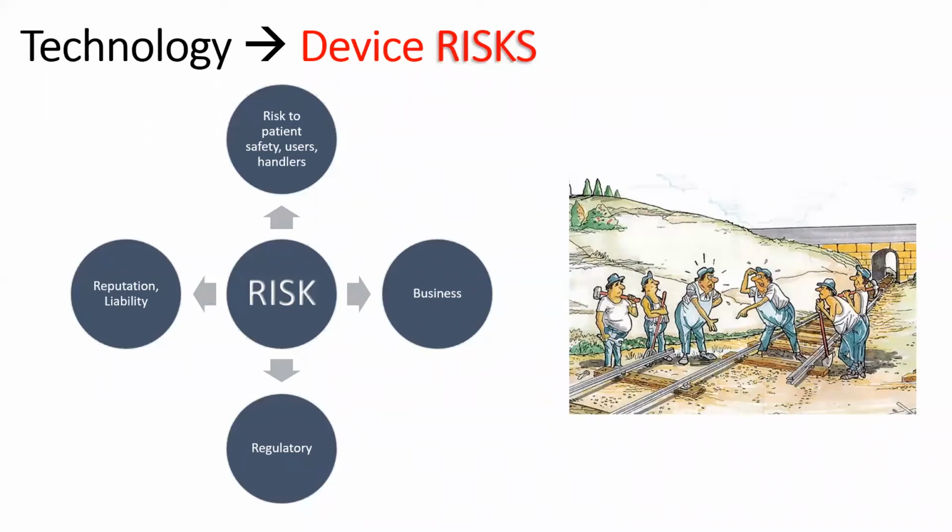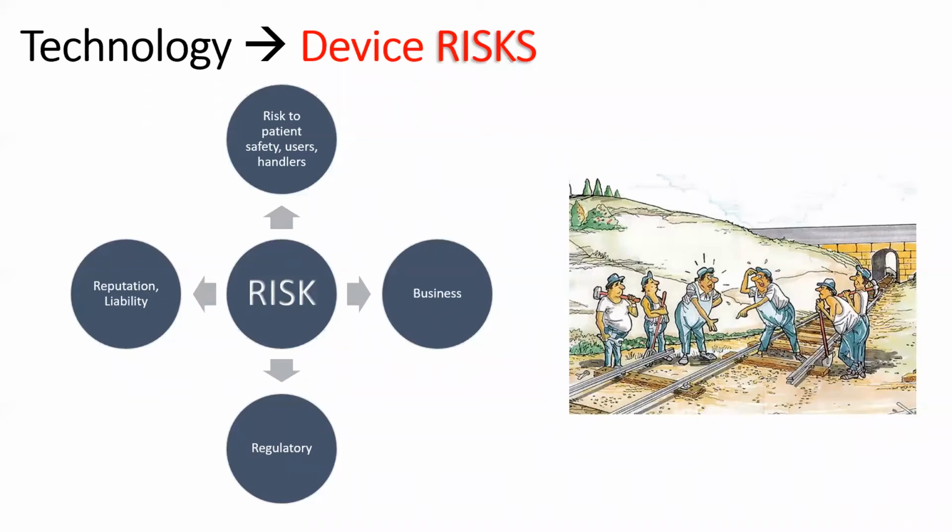So you have device risks which come from the technology side, which could cause risks to the life and well-being of patients, influence patient safety, safety of users, and safety of those who handle the equipment, not just the patient. So risk has to be seen more holistically.